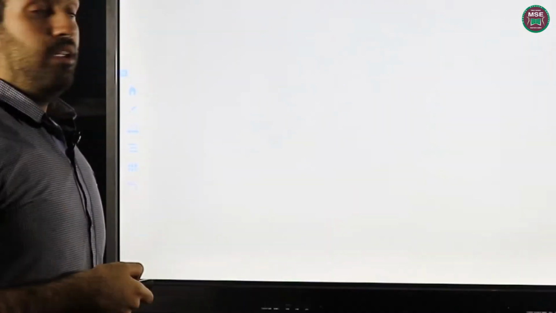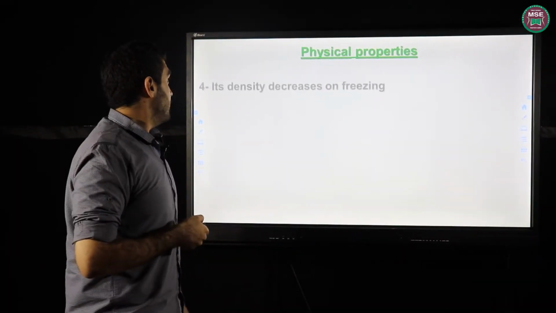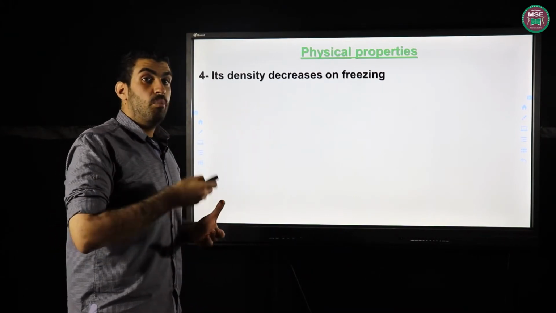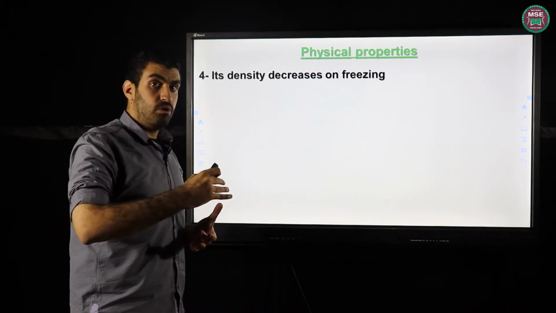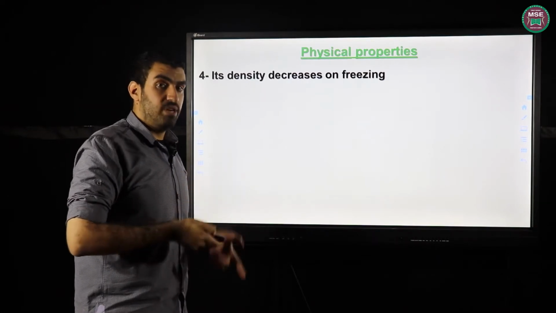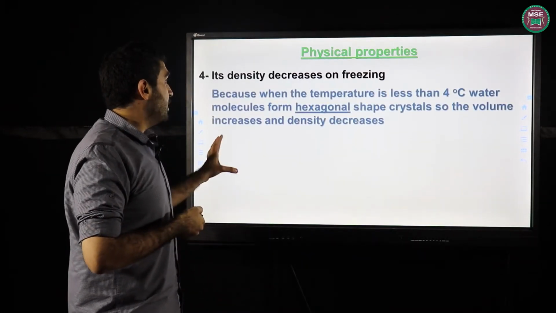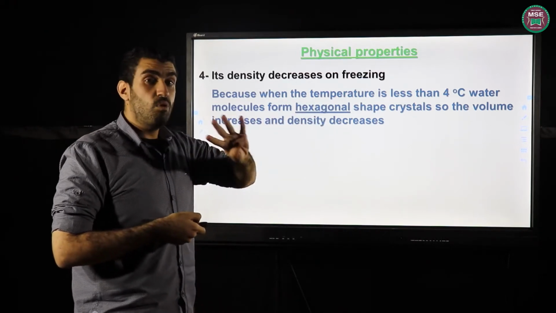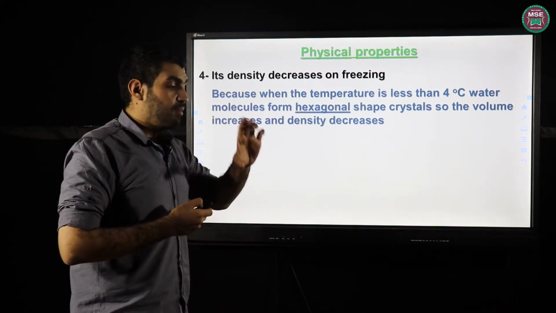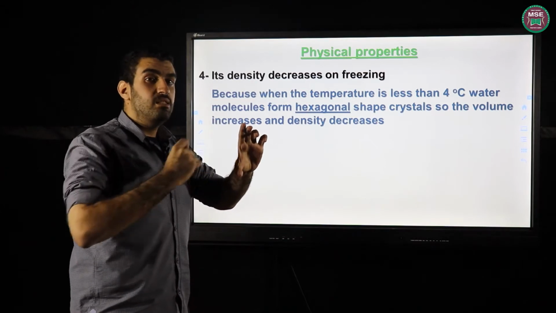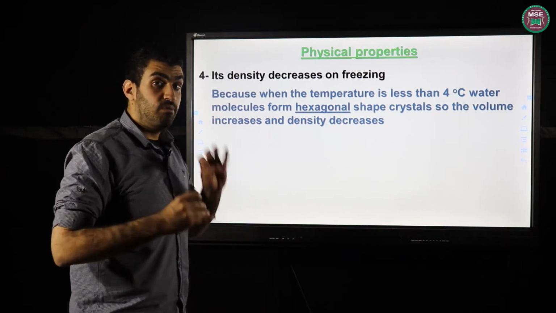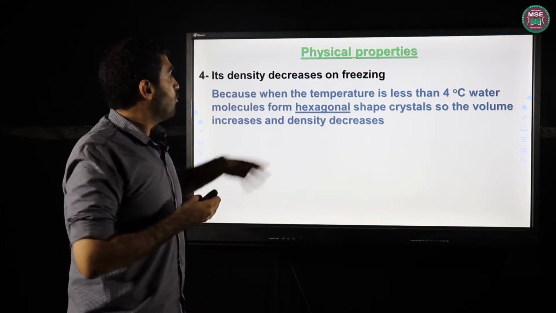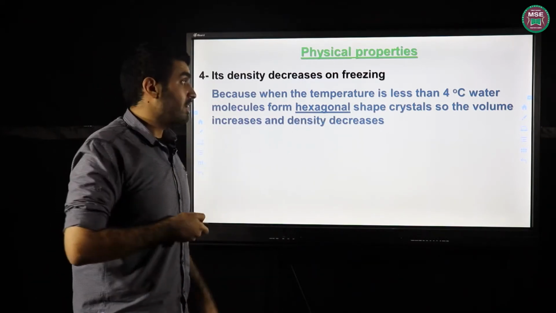The physical property number 4 is its density decreases on freezing. By decreasing the temperature of water, its density decreases because when the temperature of water is less than 4 Celsius degree, if I have a cup of water and I decrease the temperature to less than 4 Celsius degree, the molecules of water start to form hexagonal shaped crystals of ice.